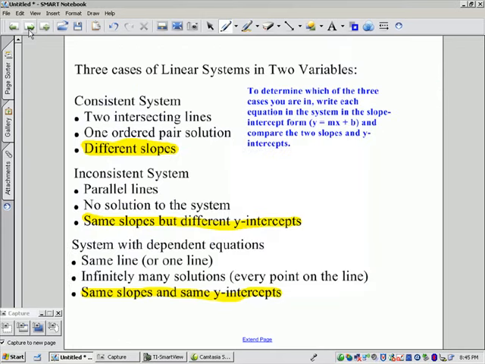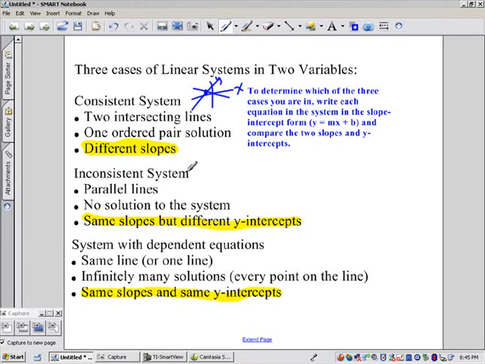Now here's a summary, giving you a little bit more terminology. So the three cases of linear systems in two variables are: you have a consistent system, that's where the two lines intersect. So if this is my x-axis and y-axis, they're going to intersect somewhere, and there's one ordered pair solution. We know that two lines intersect every time their slopes are different. So if the slopes are different, you know you're going to be in the case of one solution.